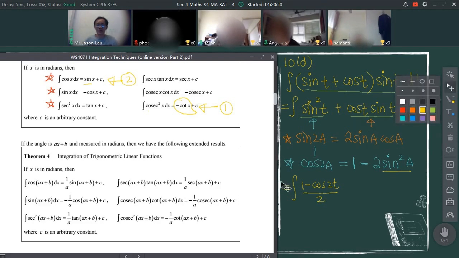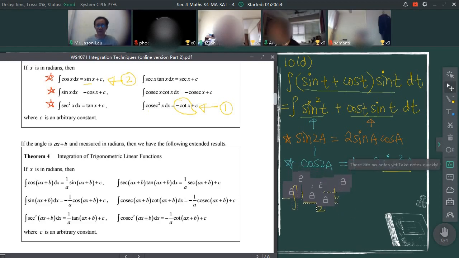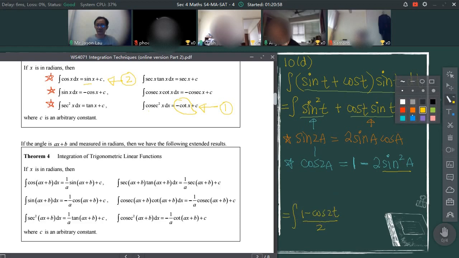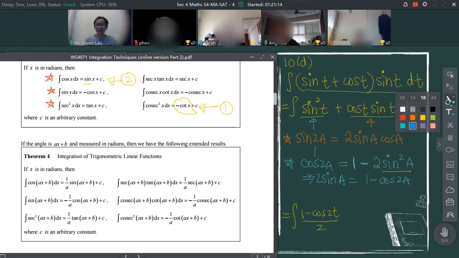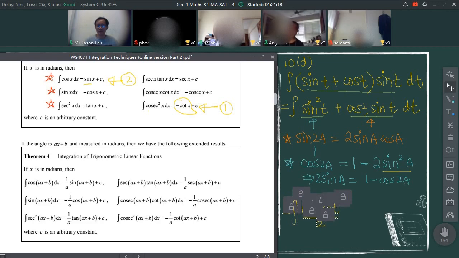Maybe I put it down a bit lower. Then you can see the connection between them.